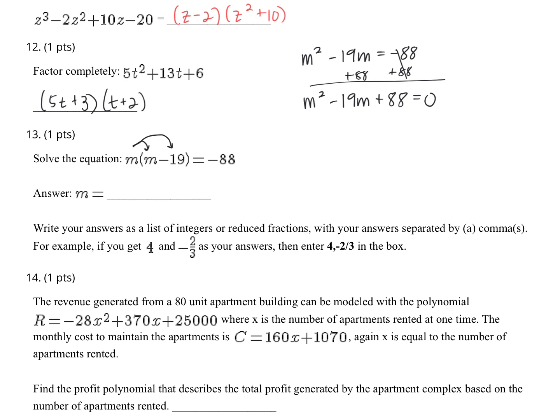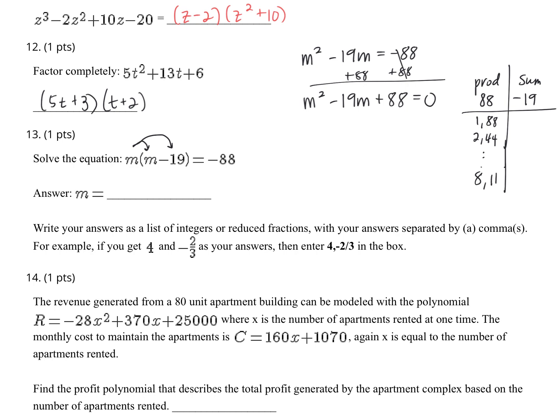It looks like this might factor. So I want the product to be 88, and I want the sum to be negative 19. So I can go through my whole list if I want, but the one I was thinking of is 8 and 11. So let's see. 8 and 11.